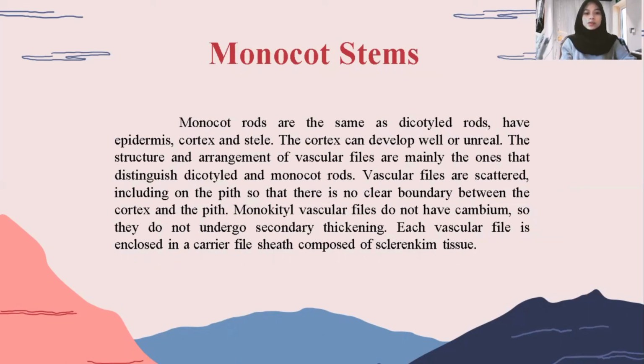The structure and arrangement of vascular bundles are mainly what distinguish dicot and monocot stems. Vascular bundles are scattered, including in the pith, so there is no clear boundary between the cortex and the pith. Monocot vascular bundles do not have cambium, so they do not undergo secondary thickening. Each vascular bundle is enclosed by a bundle sheath composed of parenchyma tissue.